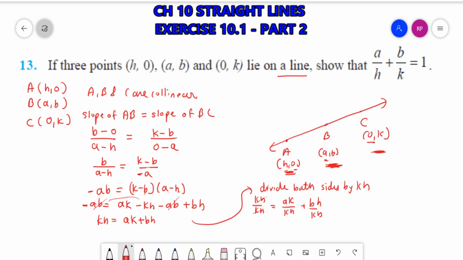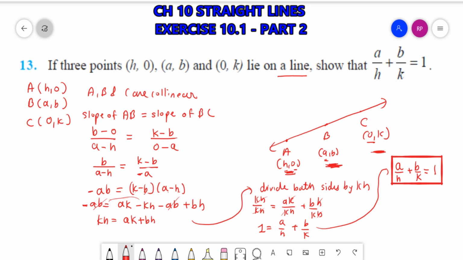So kh gets cancelled. k gets cancelled, so a by h. h gets cancelled, so b by k. Hence, I proved that a by h plus b by k is equal to 1.